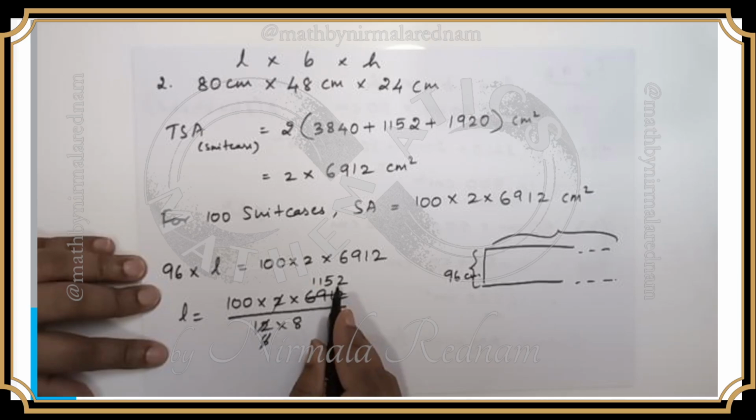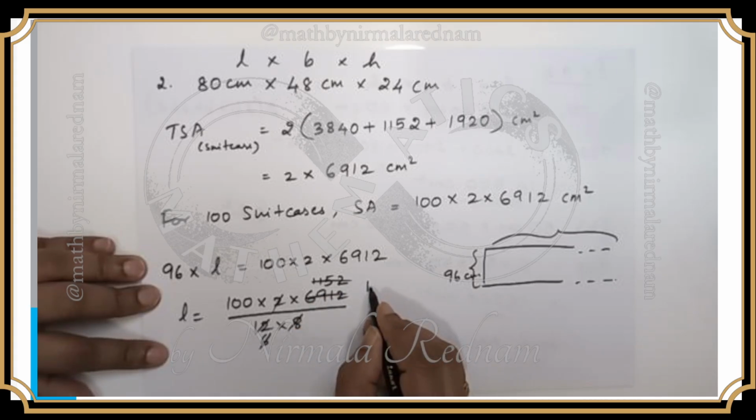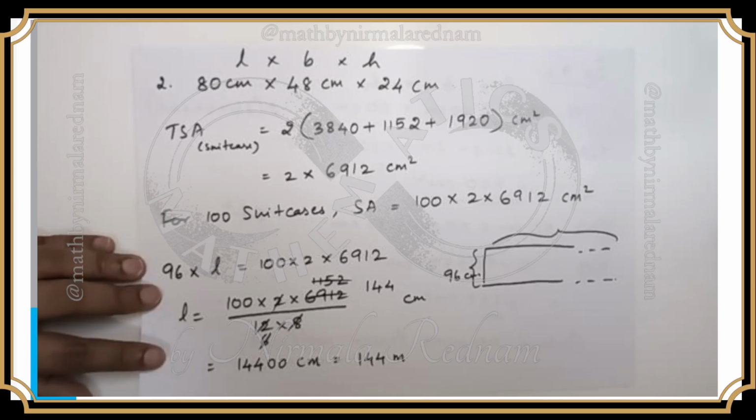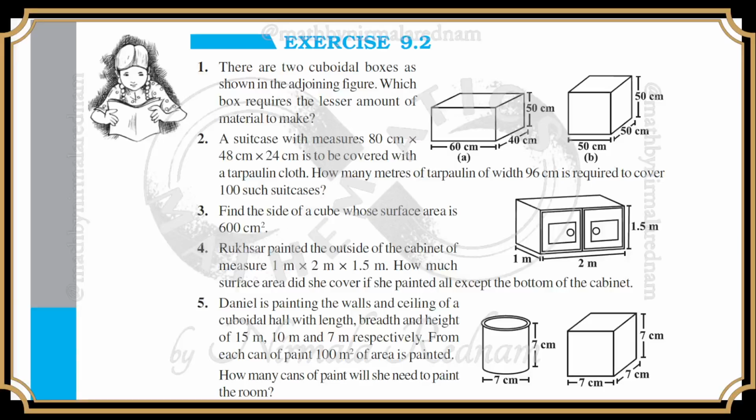And then if you consider 8 table here, I'm going to get 8 ones and 8 fours. And it's going to be centimeters. So I have 14400 centimeters, which is nothing but 144 meters. So this is the length of the tarpaulin that is required, right? So this is the second question.